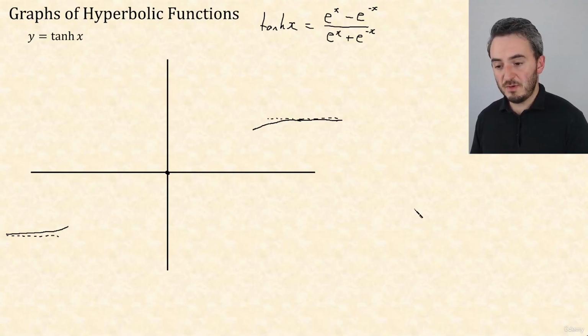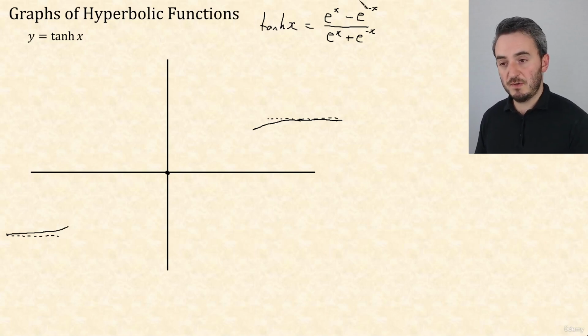We can look at stationary points again, just to see what's happening here. Now, that involves differentiating this, which we can do using the quotient rule.